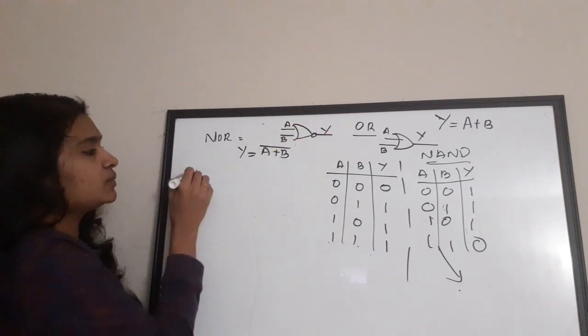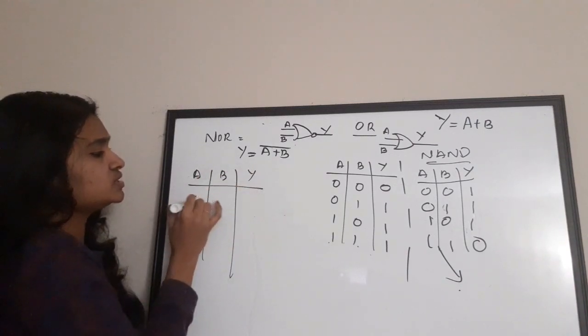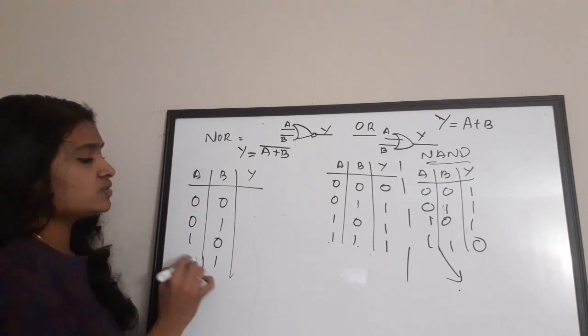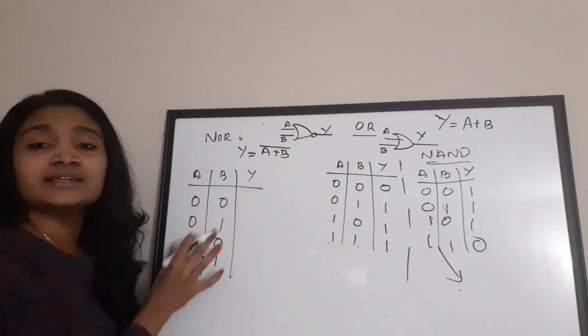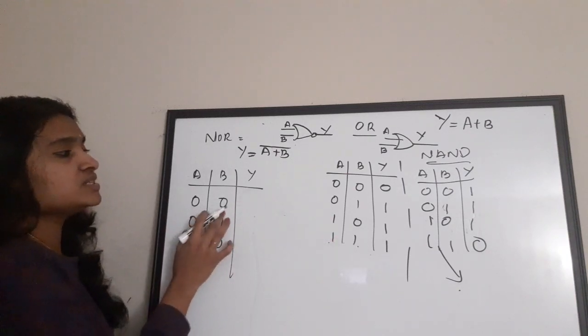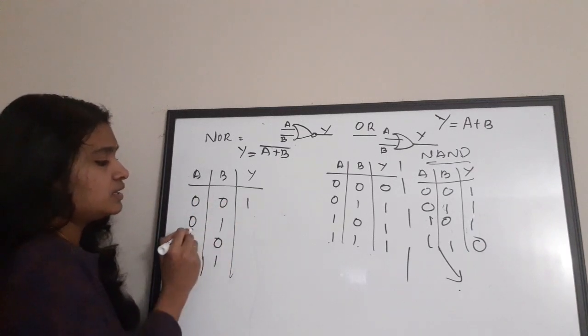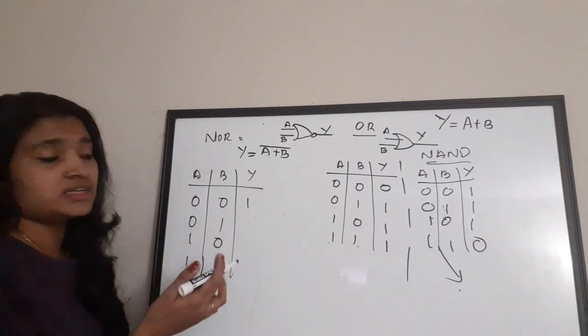Now the truth table, I am going to draw A, B and Y. So 0, 0, 0, 1, 1, 0, 1, 1. What was the case for an OR gate? The truth table will be exactly the complement of it. So for 0 and 0, the output of OR gate was 0, right? Here it is 1. Here also for 0 and 1, for OR gate the output was 1.